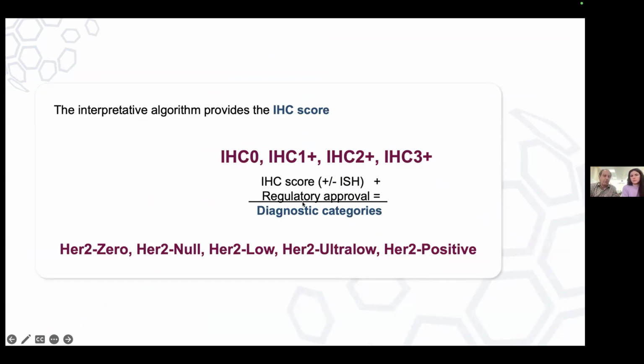The IHC score plus whatever regulatory approval there is around them will give you a diagnostic category. So the 0, the null, ultra low, et cetera, is the result of the regulatory approval. So don't confuse 1+ staining intensity with IHC 1+. IHC 1+ is not just staining intensity, it's how many cells stain. So it's the sum of the three parameters that we use.